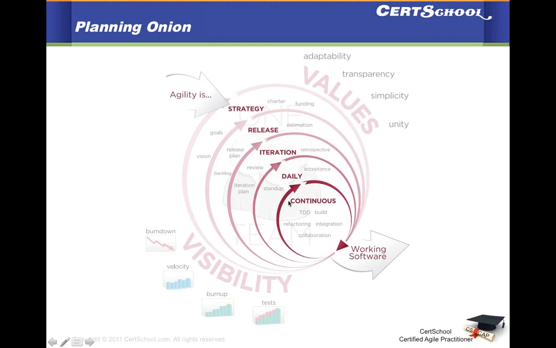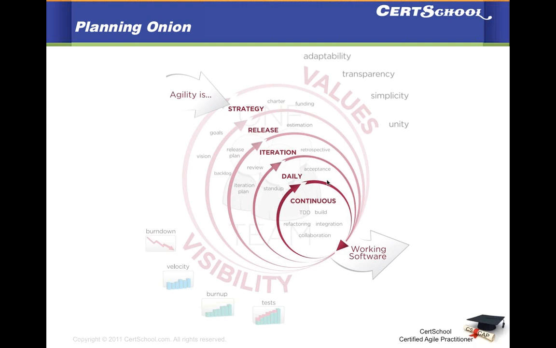And then at the very core, you have the last layer, which is even finer than the daily layer, where you're doing continuous things, like test driven development. We talked about test driven development, I think in the last webinar or the webinar before that.